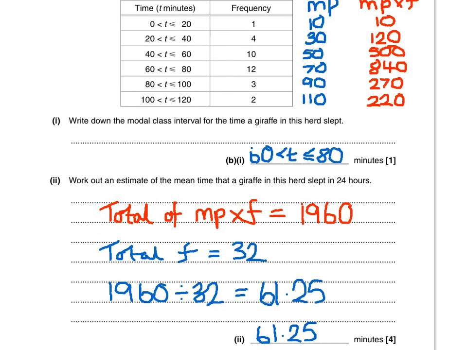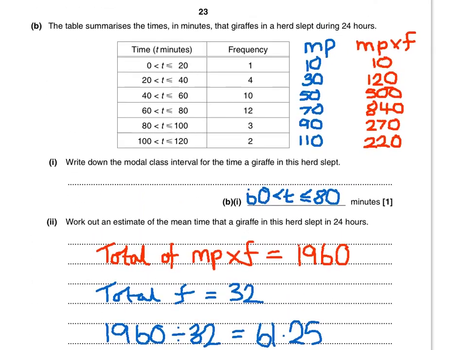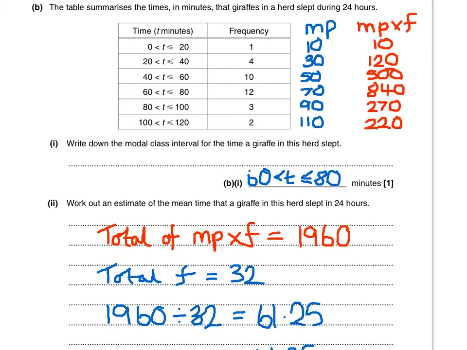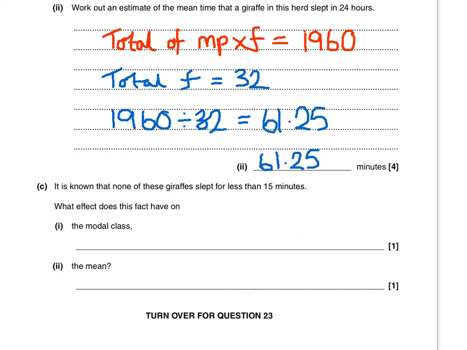So that's not going to change the modal class, because the most common group is still going to be this group here, this 60 to 80. So that will be no effect.